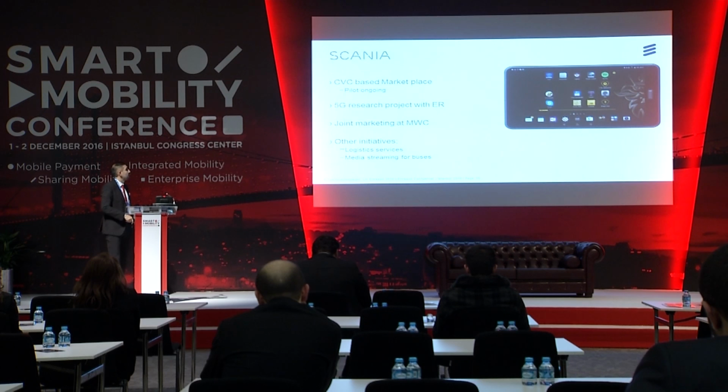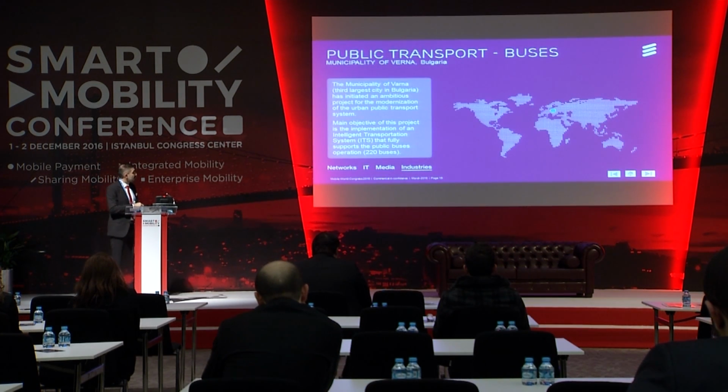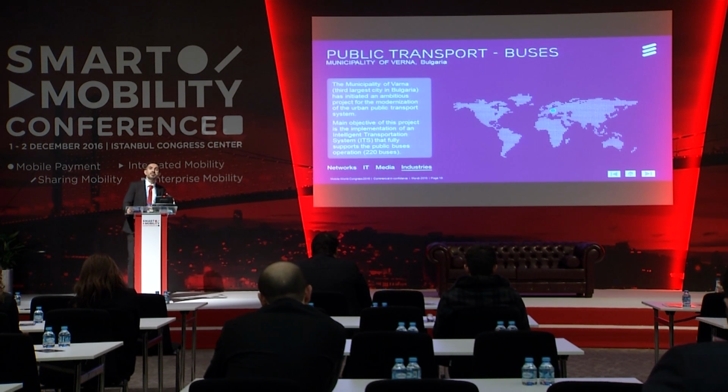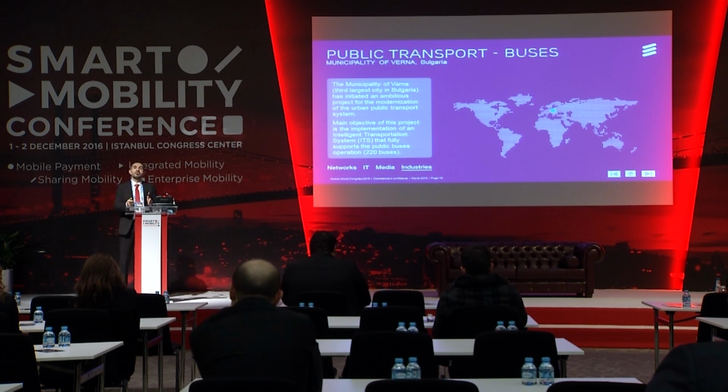Scania is another one. We have an interesting project with the municipality of Varna, which is very close to here actually, in Bulgaria. There, they want a traffic management system where they give priority to public buses.